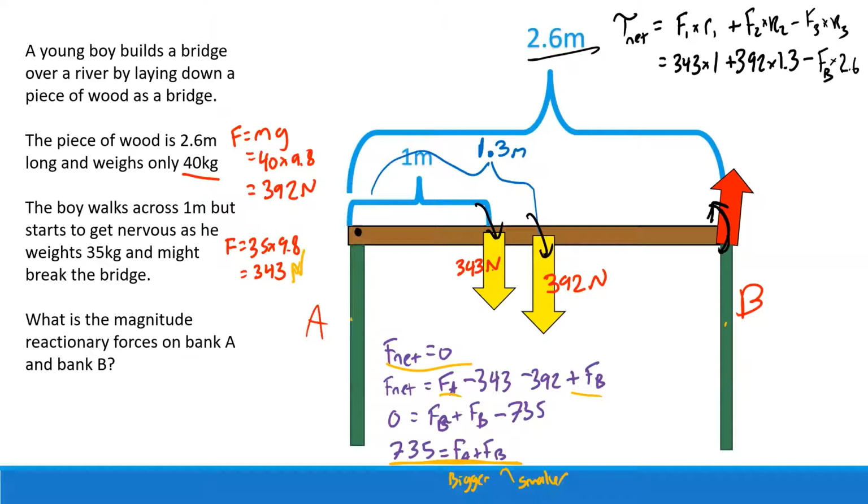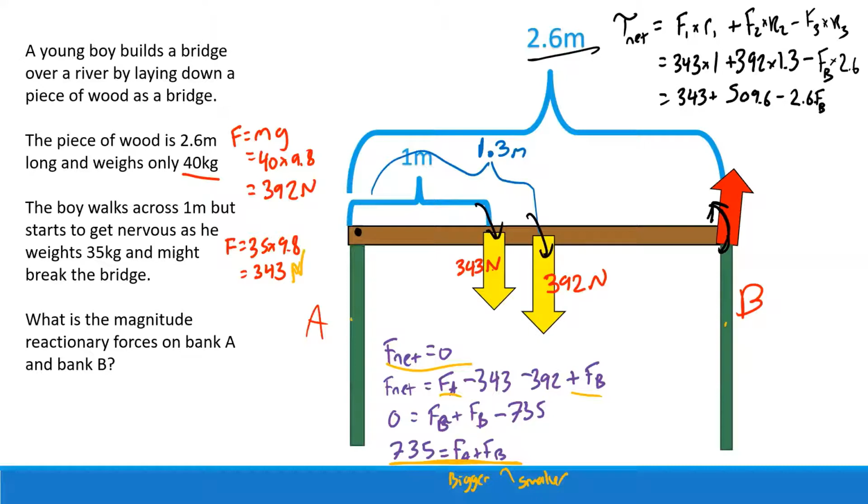Which means that we're going to get something like 343 plus 392 times 1.3, which equals 509.6, minus 2.6 FB.